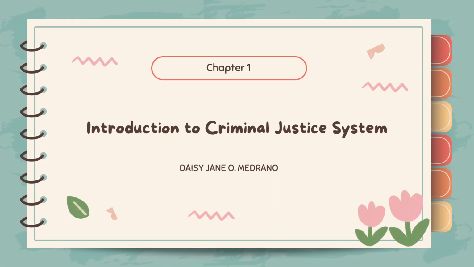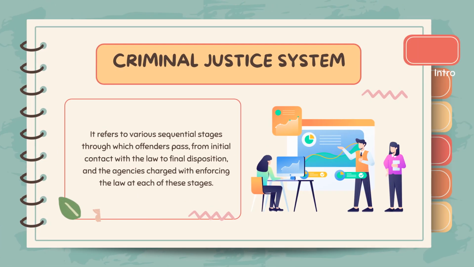Yes, so I'm going to discuss the introduction to the criminal justice system, and let's proceed with what really is the criminal justice system. The criminal justice system refers to various sequential stages through which offenders pass from initial contact with the law to final disposition, and the agencies charged with enforcing the law at each of these stages.